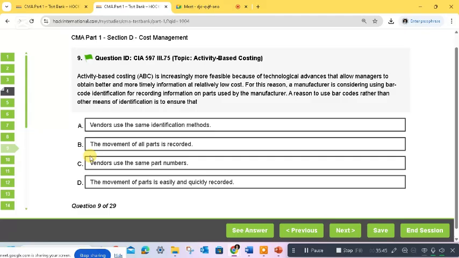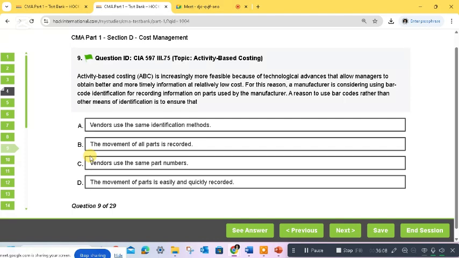Activity-based costing is increasingly more feasible because technological advances that allow managers to obtain better and more timely information at relatively low cost. For this reason, a manufacturer is considering using barcode identification for recording information on parts used by the manufacturer.